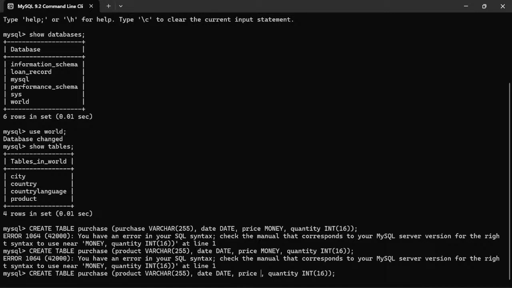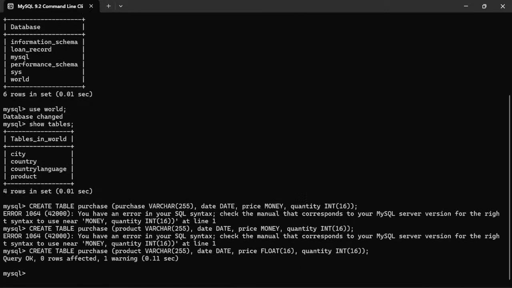Okay, so price, let's see, float, maybe float, then 16. Yeah, I think this version of SQL doesn't support the money data type. Okay, that's all I have now. Let's make some entries and do the experiment.